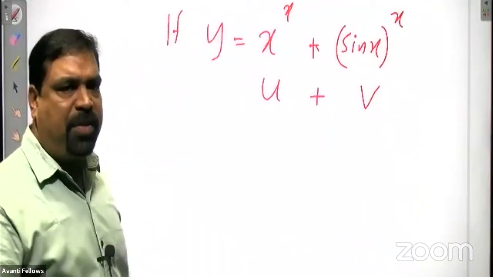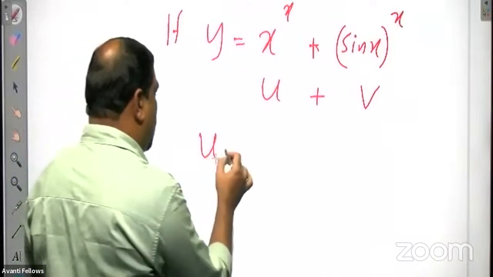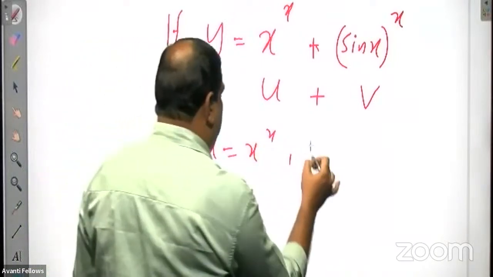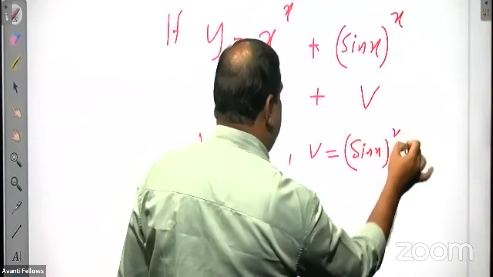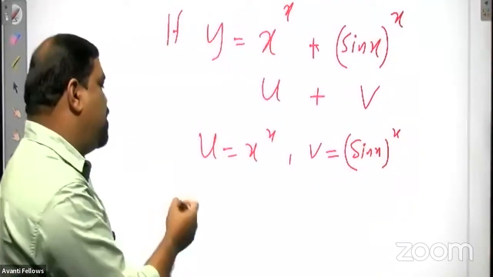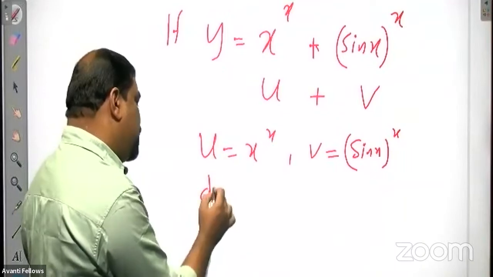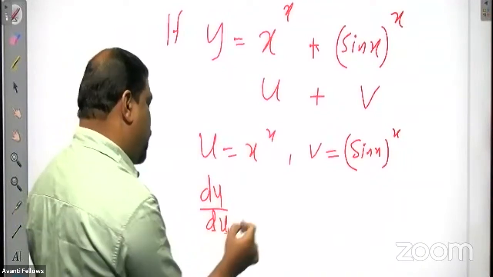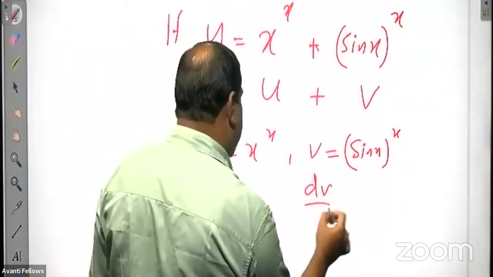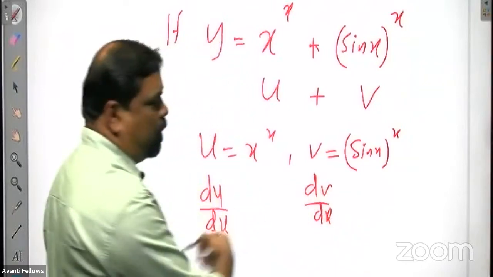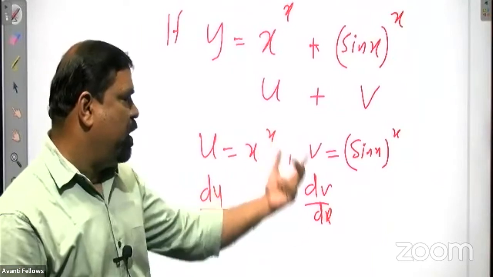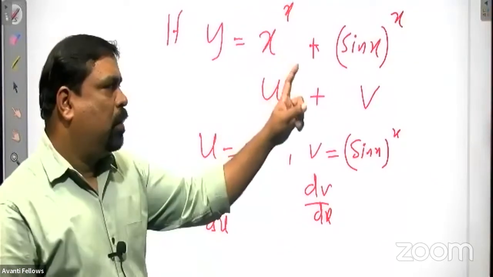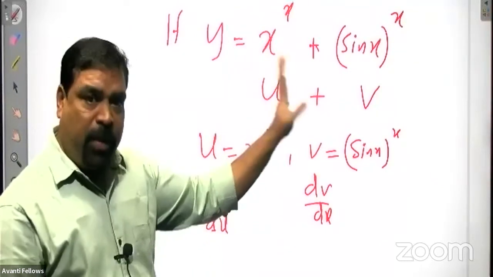Okay, u is equal to x raised to x, and v is equal to sin x raised to x. Then differentiate separately. Find du by dx and dv by dx, and add together. That is the correct method.